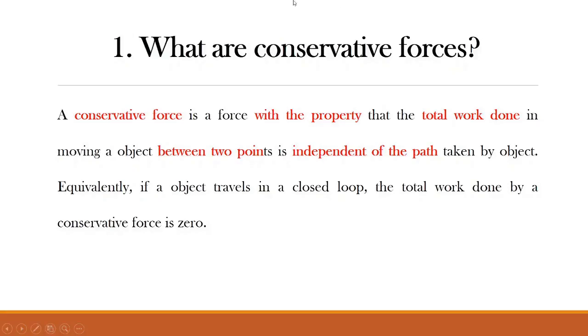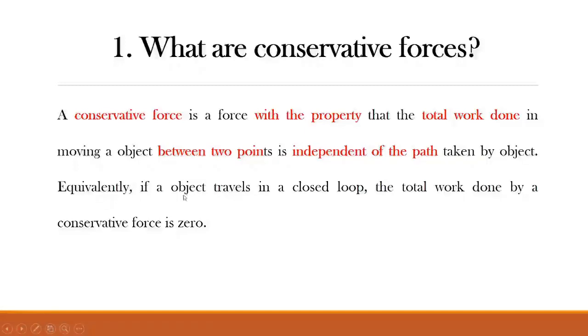A conservative force is a force with the property that the total work done in moving an object between 2 points is independent of the path taken by the object.